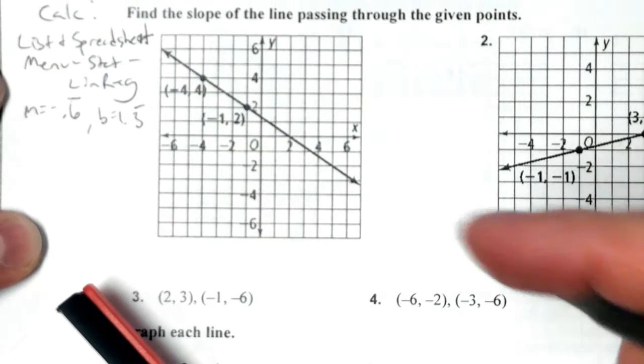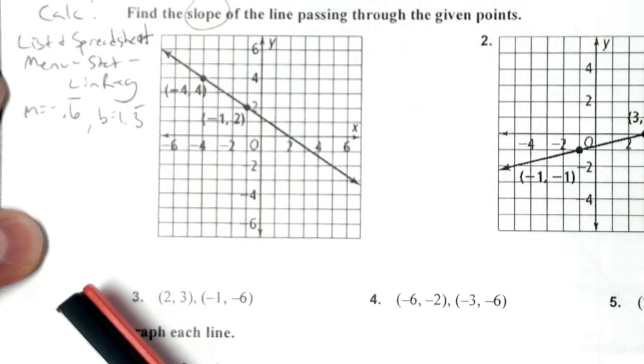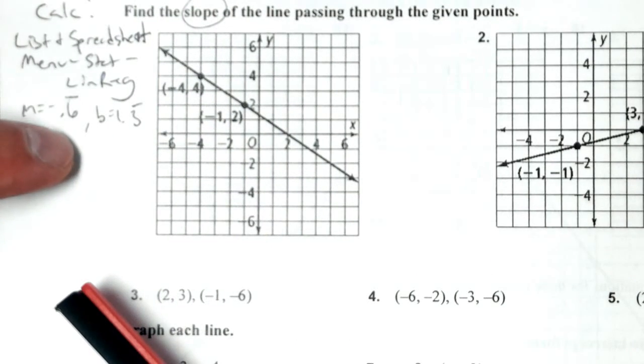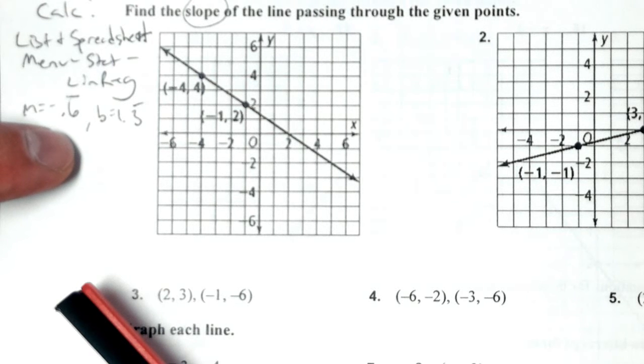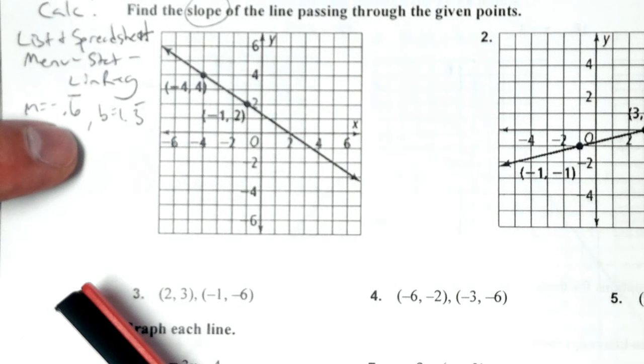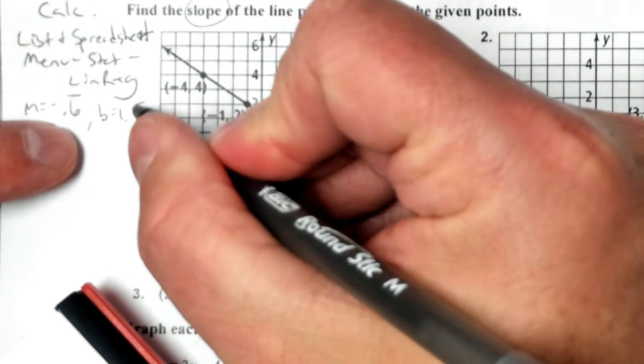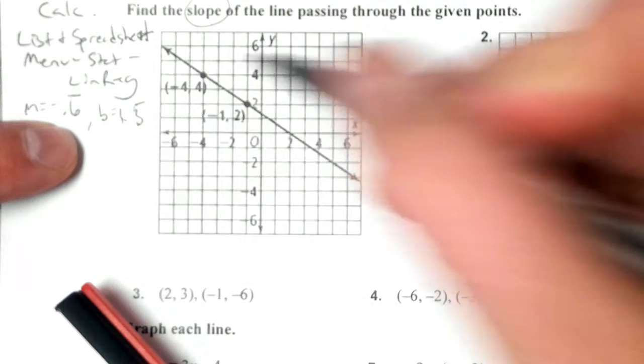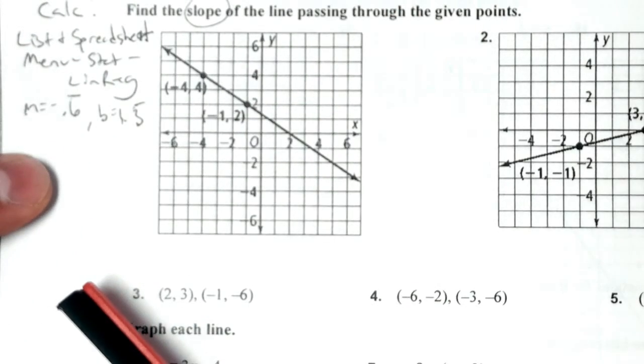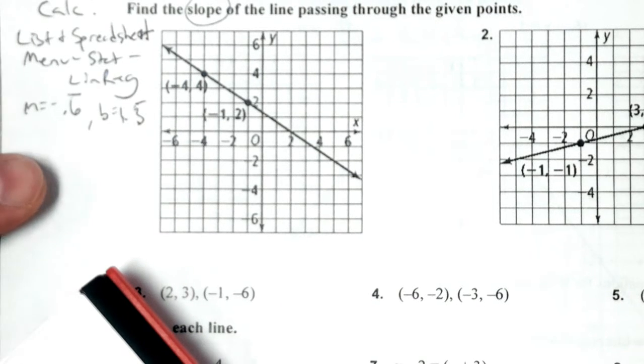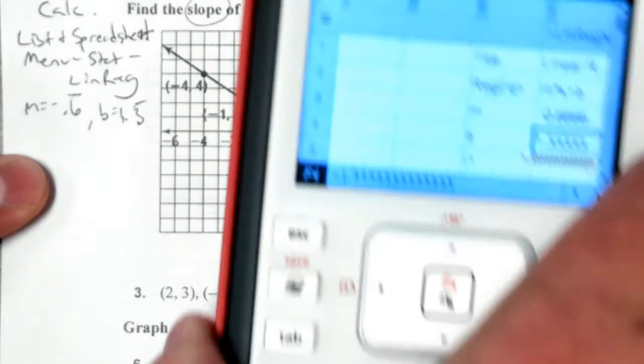Now the instructions say just find what the slope is, and so we could stop right there without getting the equation. All we need is the slope. Now the thing is, though, that you need this to be as a fraction, and so here's a little hint on this.